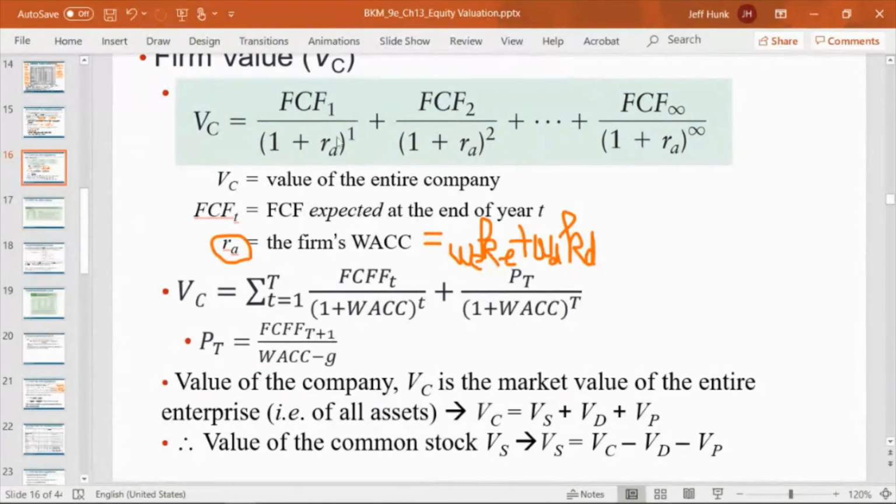And we have to discount the free cash flow by the weighted average cost of capital because it is the only appropriate discount rate in this case.